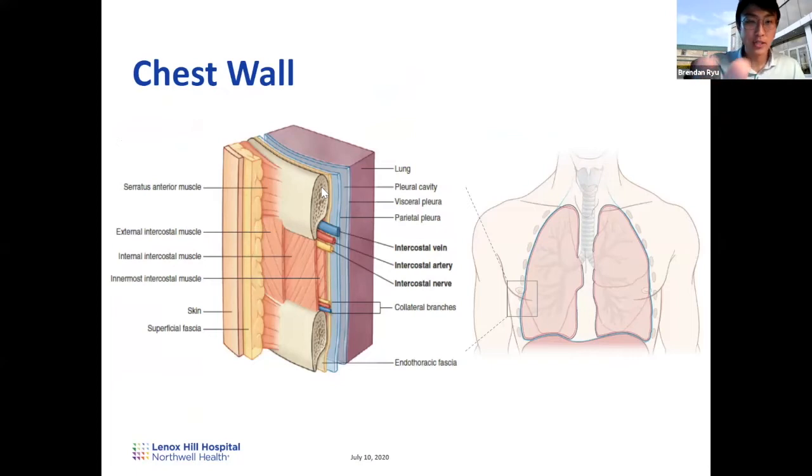I want you guys to really understand this image. Imagine this place is right where the triangle of safety is. Try placing a needle somewhere in this image and tell me where you would be putting it. I'm seeing a lot of answers. Can we go back to the answer choices, Morgan?